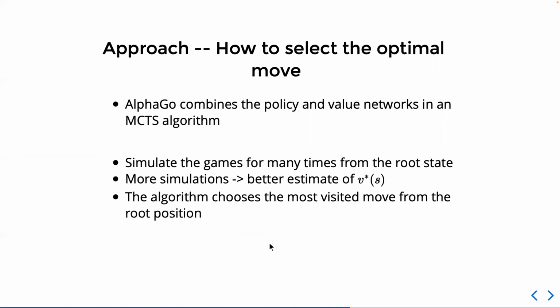The idea is that it simulates the game many times from the root state, and each time it may go through different branches. The more simulations I have, the better my estimation of the optimal value is, because I look at more of the global picture of the full tree. Finally, the algorithm chooses the most visited move from the root position.